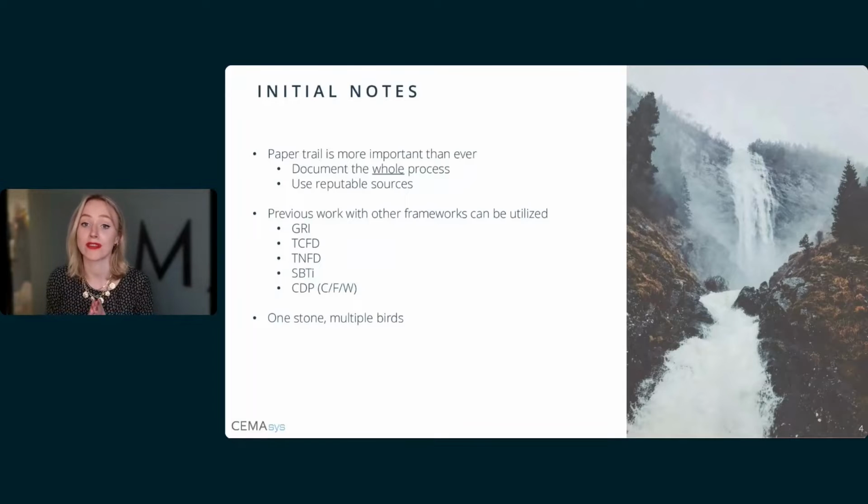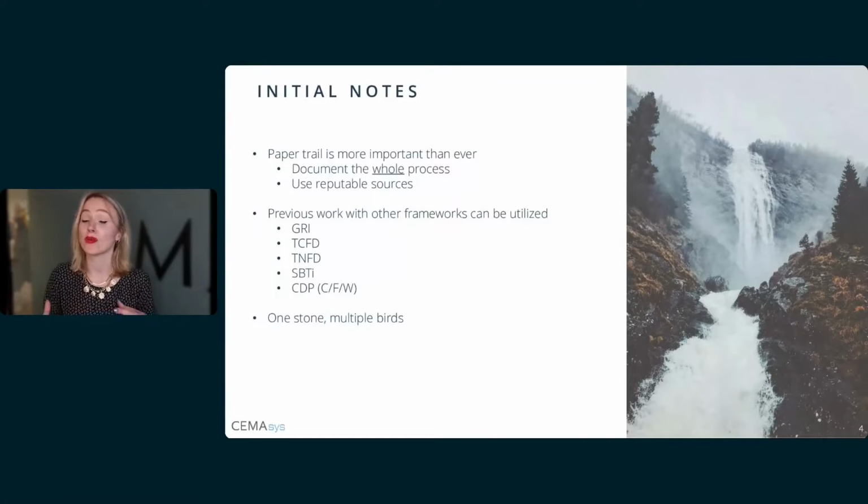So it's very important that we, for example, use reputable sources when we're doing this, so the information that we're providing is actually verifiable. And in terms of previous work and other frameworks that can be used, I've listed GRI, TCFD, TNFD, SBTi, and CDP Climate, Water, and Forest.